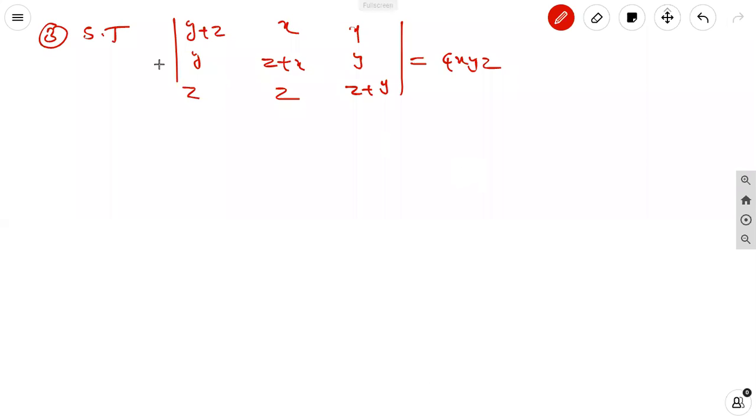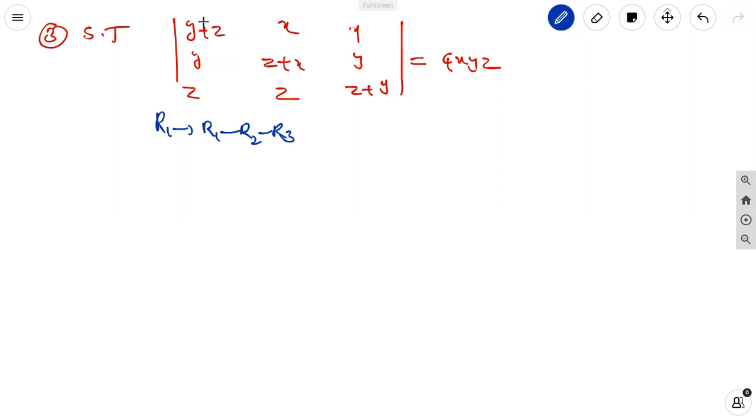See here, determinant y plus z, x, x. Here y, z is there. If we take R1 into R1 minus R2 minus R3, then it is reduced to 0. Okay, it is minus z, minus x, minus z. Minus 2z will come. Here also minus y, x, minus z. It is more than two terms, that is three terms.